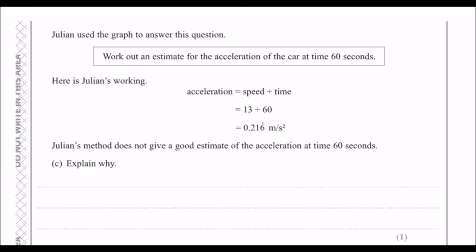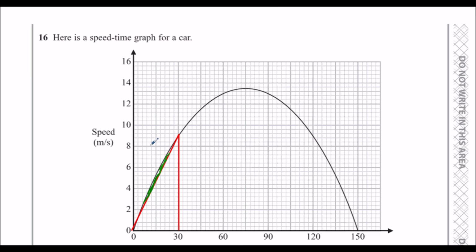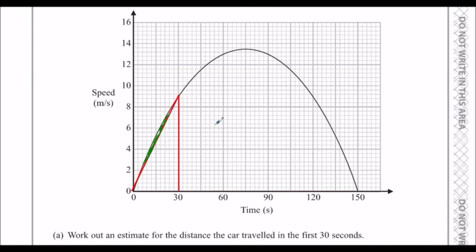Julian used the graph to answer this question. Work out an estimate for the acceleration of the car at time 30 seconds. Here is Julian's working. So at time 60 seconds, he's done speed 13 times 60.